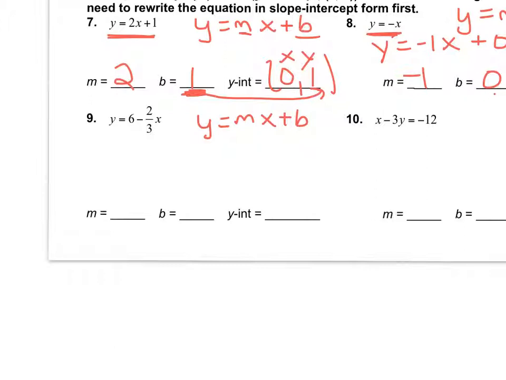Which one is the b? The 6. So let's rewrite this: y equals, and then we take this negative 2/3 x and put it first. Now I have negative 2/3 x plus 6.